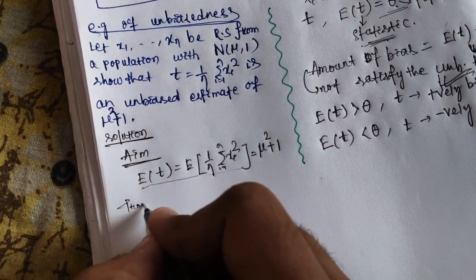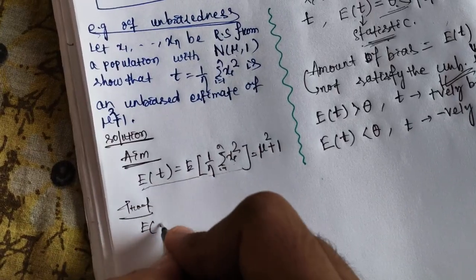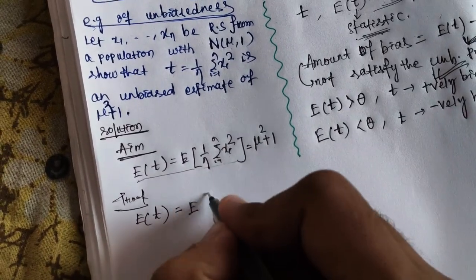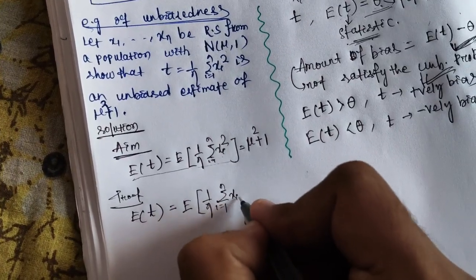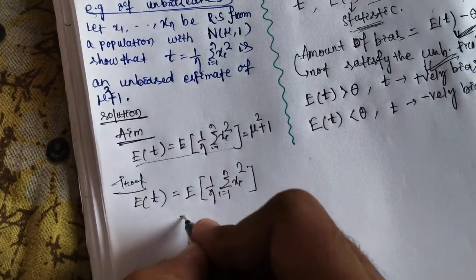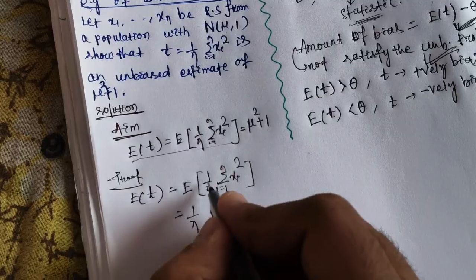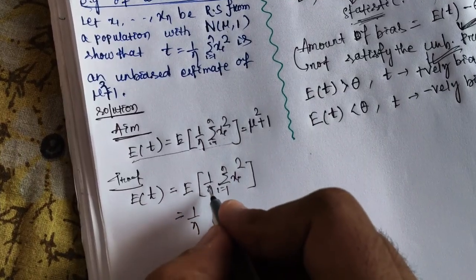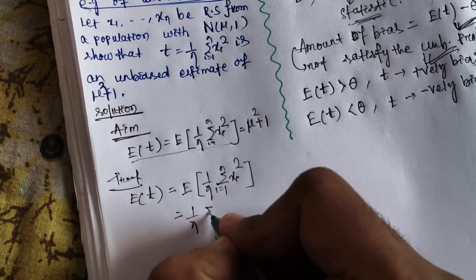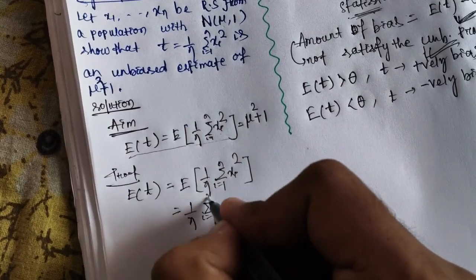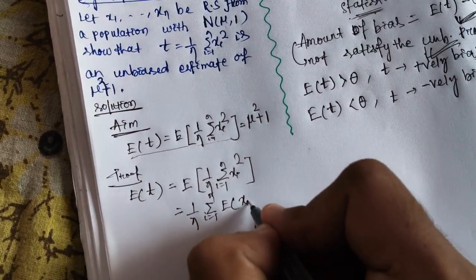So in proof we have expected value of T equal to expected value of 1 by n summation i equal to 1 to n Xi square, so equal to 1 by n. This is a constant term, so it can be outside of the expectation, and the summation can be outside, i equal to 1 to n expected value Xi square.